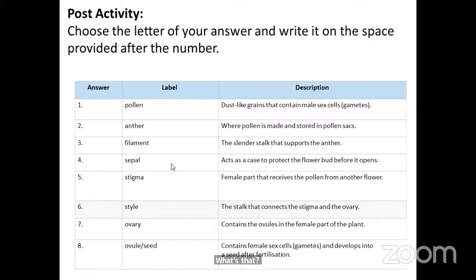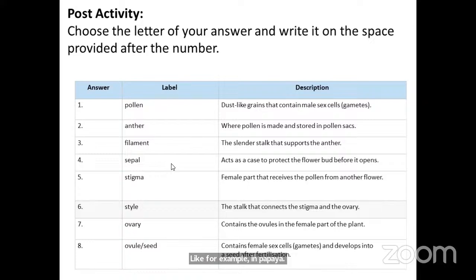When a flower is monoecious, both the male and female flowers are found in a single plant. With dioecious, from the word di, which means two, male and female flowers are found separately in two plants, for example in papaya.